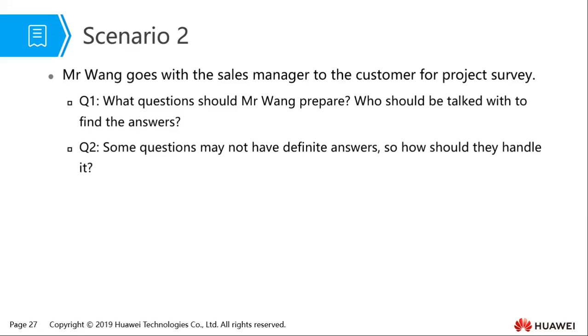It might be the project manager, but they're not familiar. So what happens? How should you handle that situation? Now, in such cases, you need to cooperate with the customer in order to find a solution. How do you do that?